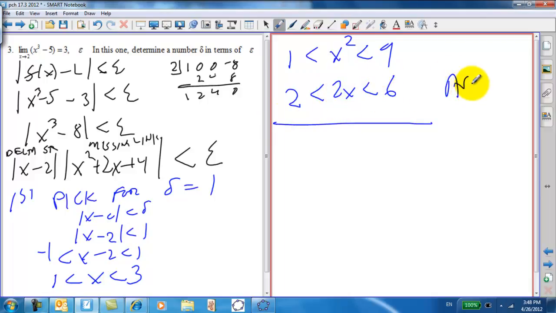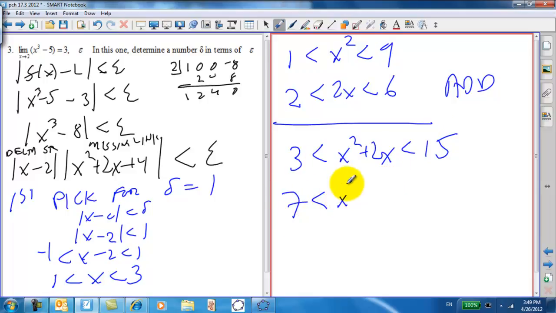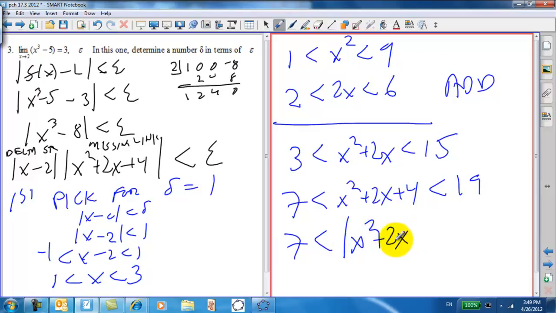Add those up, and I get 3 is less than x squared plus 2x is less than 15. And now add 4 to all 3 parts to get 7 is less than x squared plus 2x plus 4 is less than 19. Okay? Tack on an absolute value because we know both ends are positive.